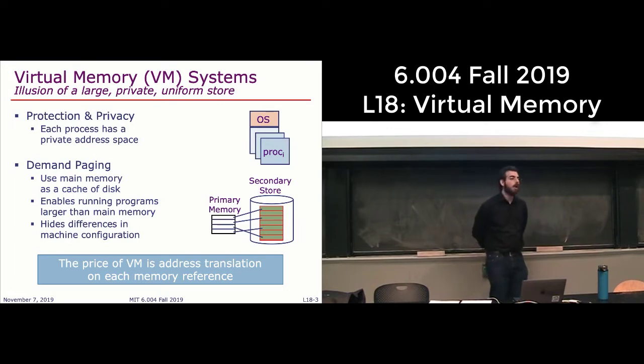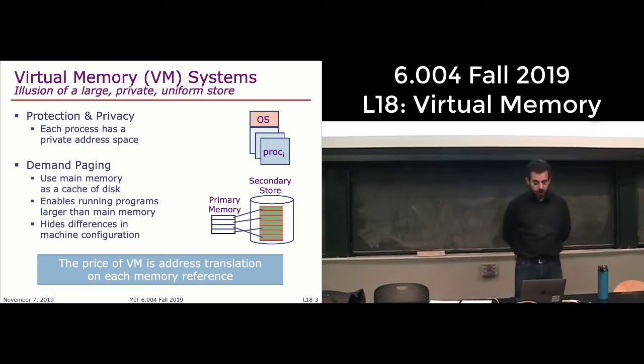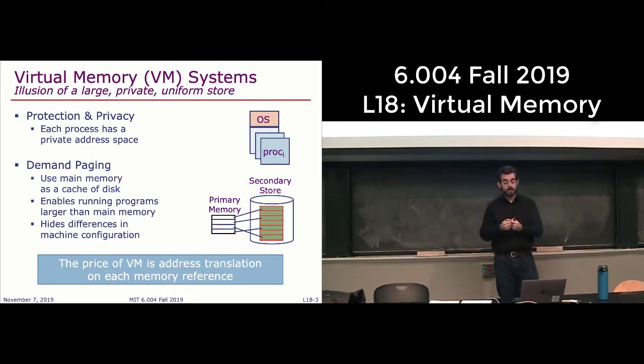Now these abilities or these benefits come with a price. And so the price is that now, for every address that our process produces, for every memory access, either an instruction access or a data access, that our process wants to make, we need to translate that address into a physical address.